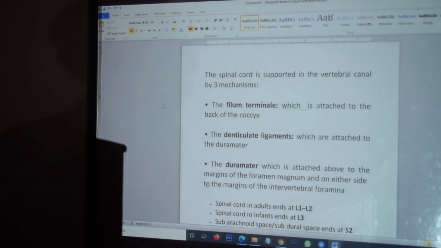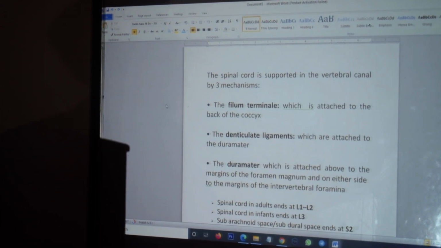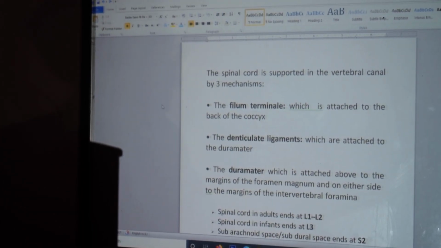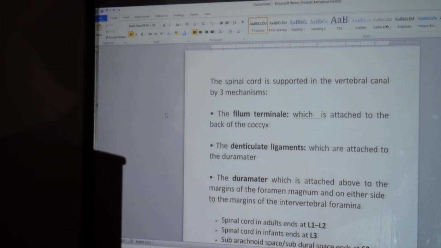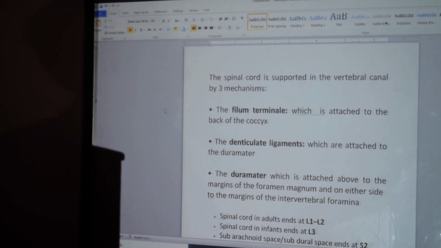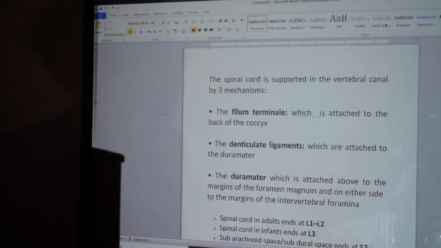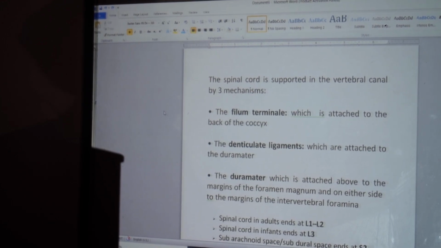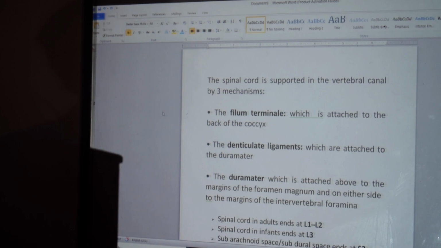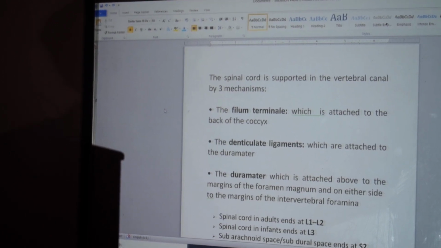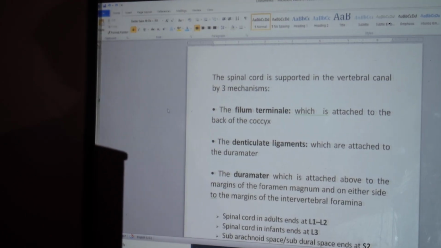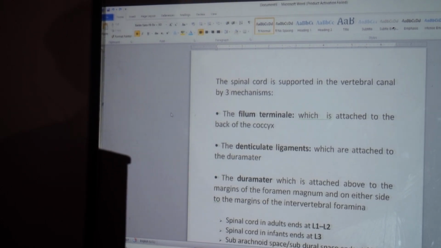So, what holds the spinal cord in the vertebral canal? The structures are, number one, the filum terminale, as I just mentioned. Then there are the denticulate ligaments. The denticulate ligaments are again folds of pia mater which bind the spinal cord laterally to the inside of the vertebral canal.